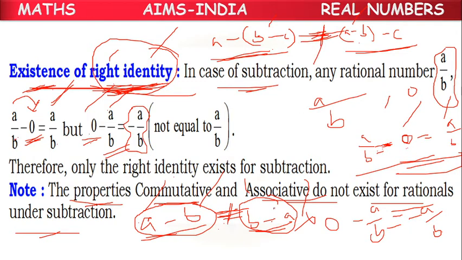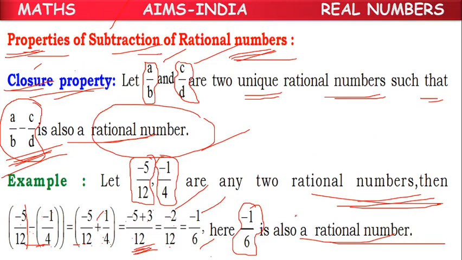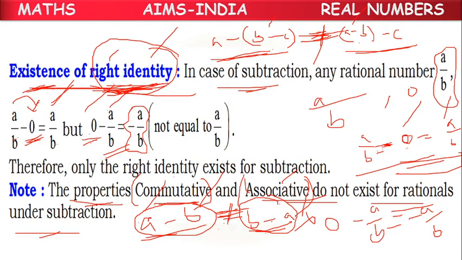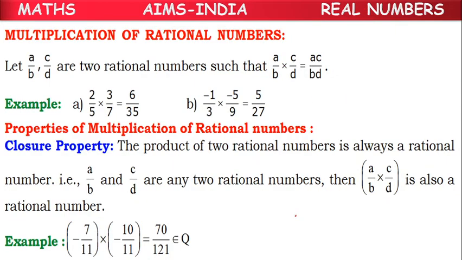So that's why the associative property is also not applicable for subtraction. Rational numbers do not follow these two properties, commutative and associative, under subtraction. They follow only the closure property, and the right identity element 0 will be there.